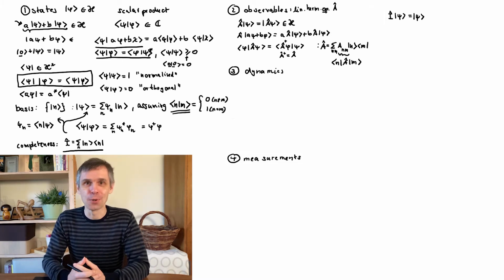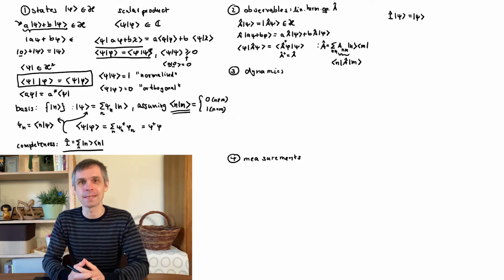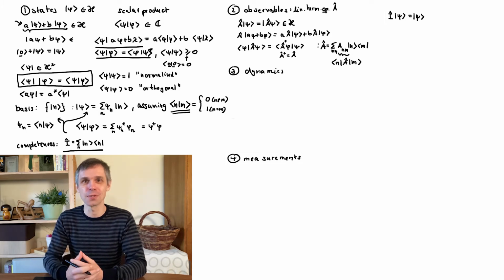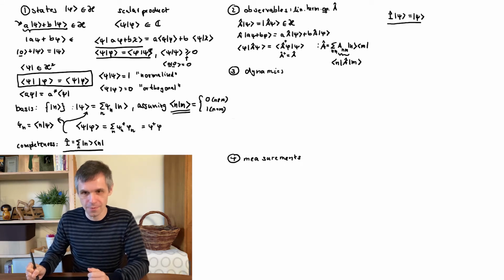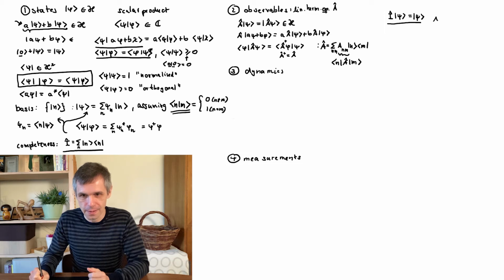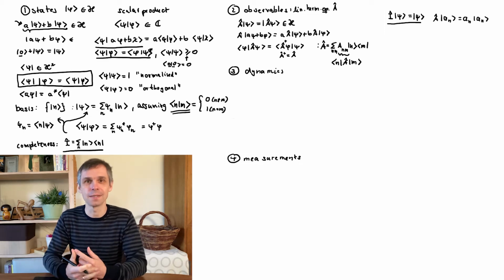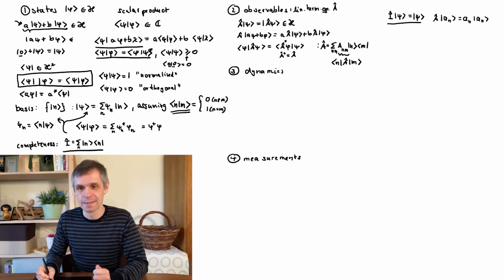Now there is a very important link between states and observables or operators, and this concerns the eigenvalues and the eigenvectors or eigenstates of these operators. This is defined in the following way: for any operator A, there is a particular set of states, which I'm going to denote as |a_n>, so that if you apply the operator to the state, you get the same state back, just multiplied by a number, which I call a_n as well.